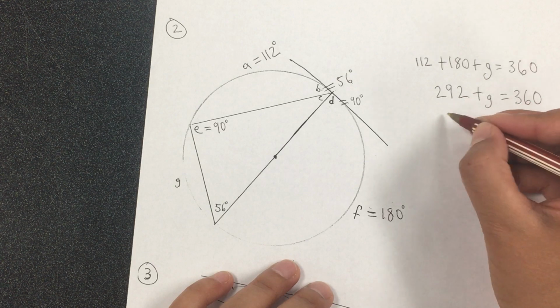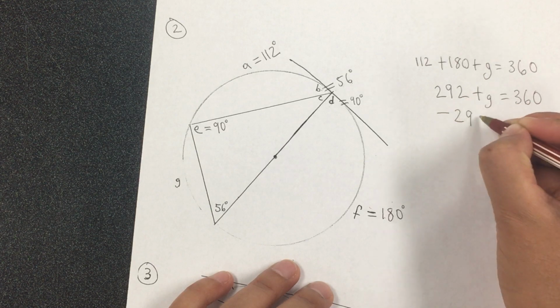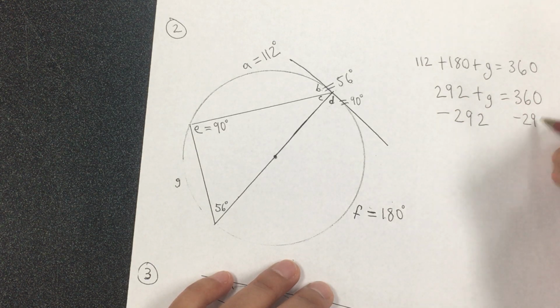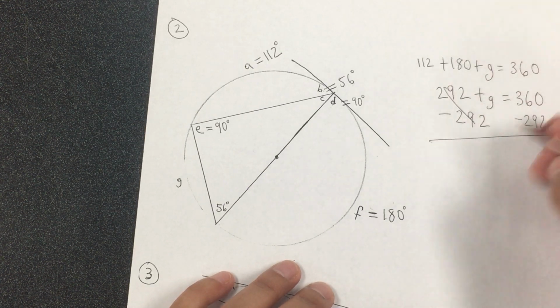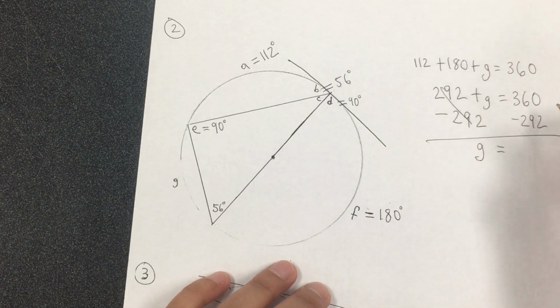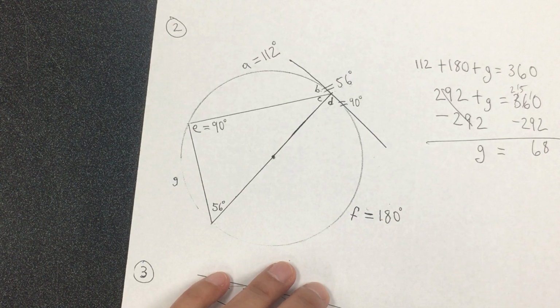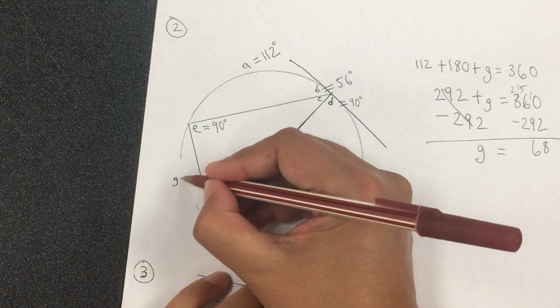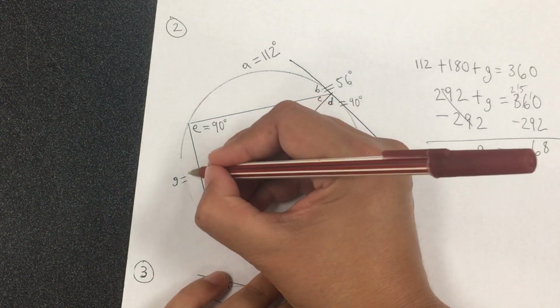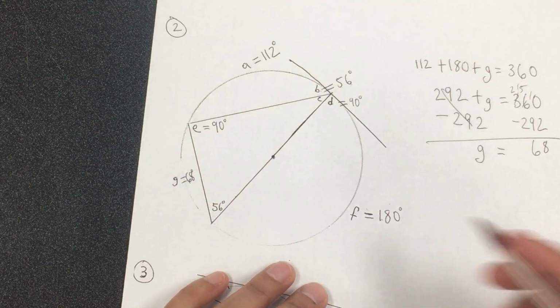Finally, if I'm adding this, the opposite is to subtract. And so G equals, I borrow, 10 minus 2 is 8. I have to borrow again. 15 minus 9 is 6, and 2 minus 2 is 0. So that gives me that this value is 68 degrees.